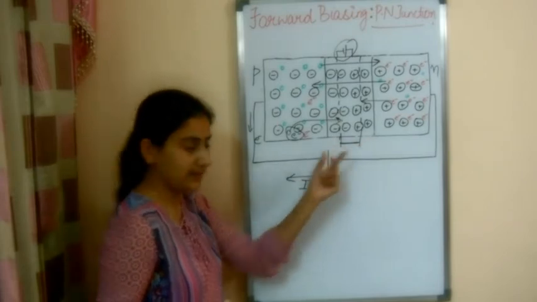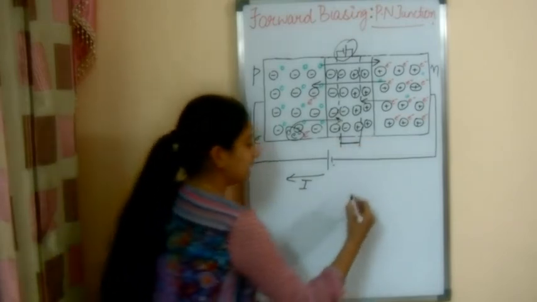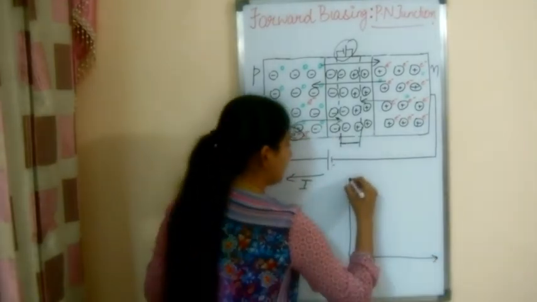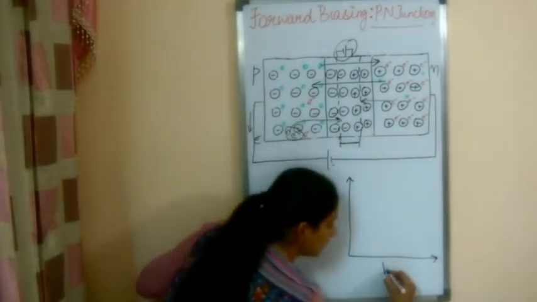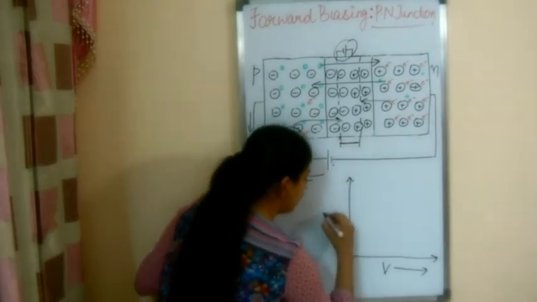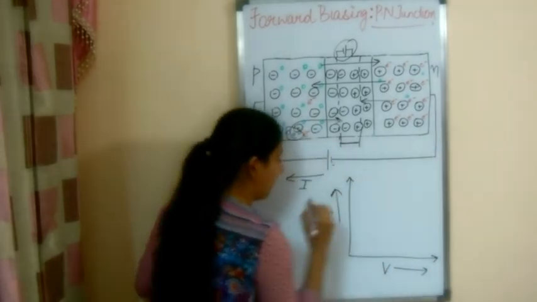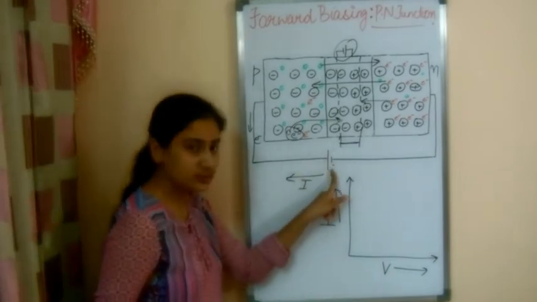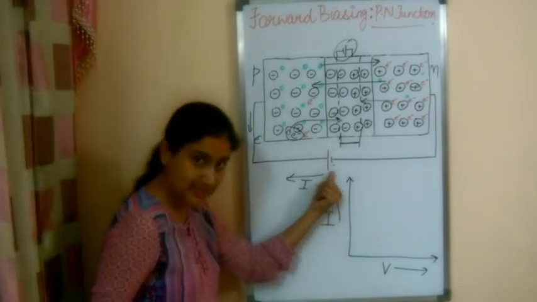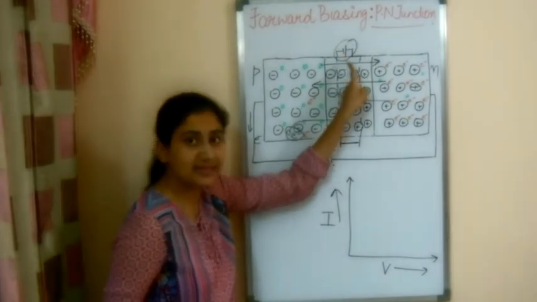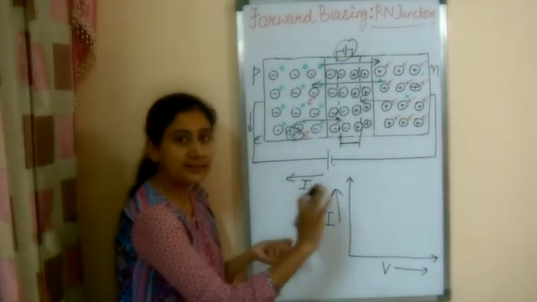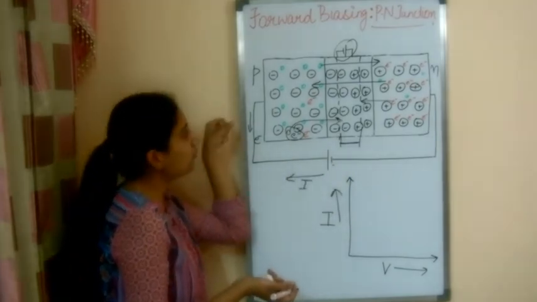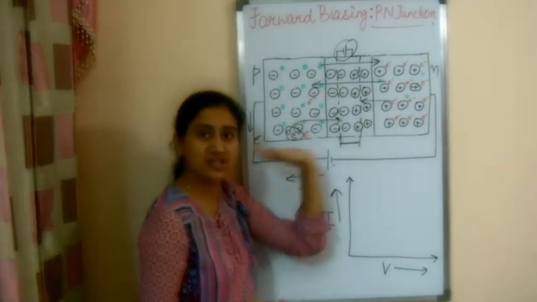The width of the depletion region is minimized. If we draw the characteristic diagram, we are going to take voltage along the x-axis and current along the y-axis. What happens? If we increase this voltage, first of all, if the applied voltage is lower than the barrier voltage, no current will flow, because this voltage will not be able to push holes across the junction.